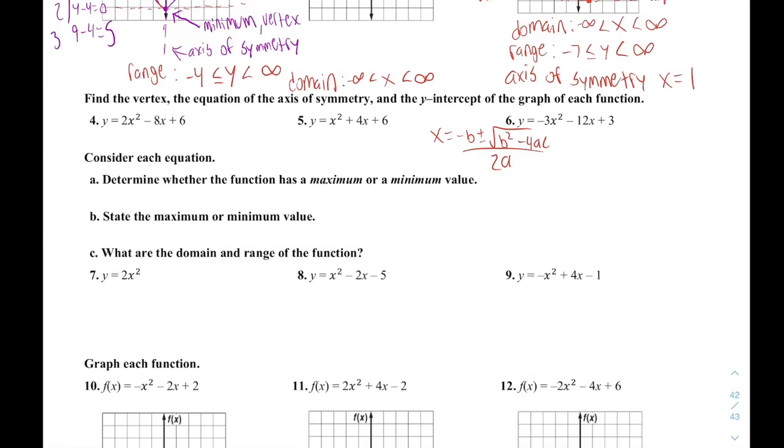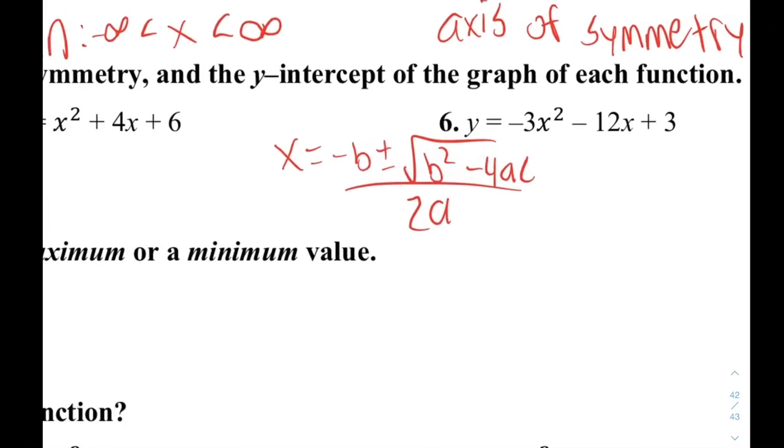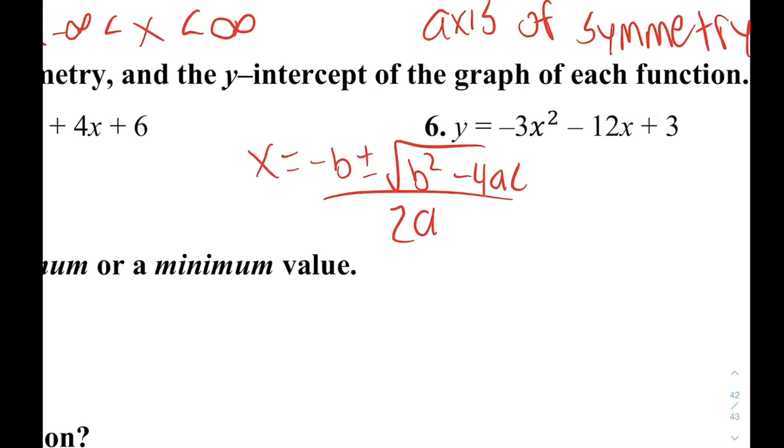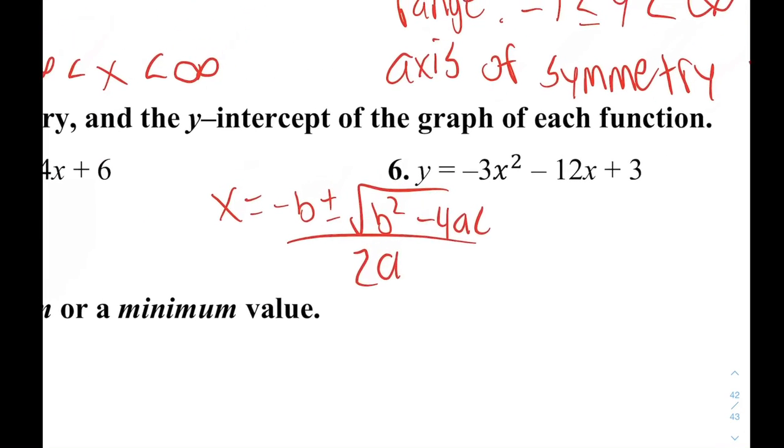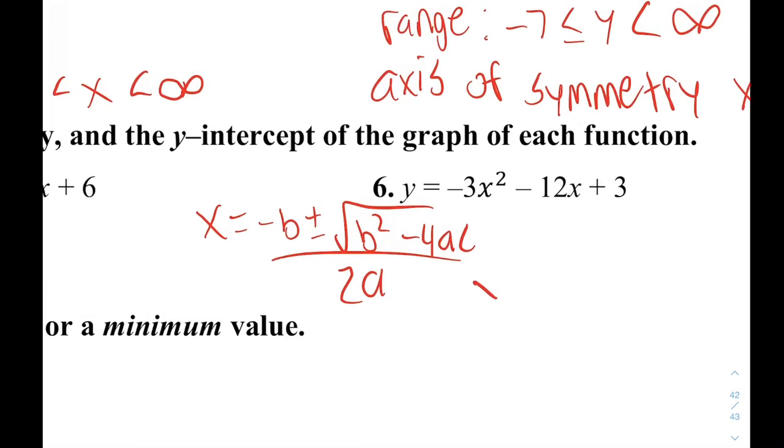Using this formula, you can see that there's going to be two answers for x. There's going to be an answer for x when we add this amount. x1 equals negative b plus square root b squared minus 4ac. Oh, not plus or minus.